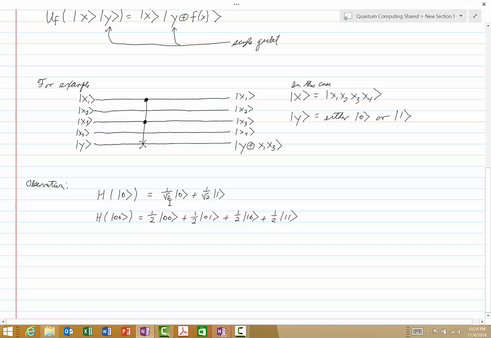So the pattern is still holding. When we operate with the Walsh-Hadamard transformation on a single element of the standard basis for 2 qubit states, the result is a superposition of all the elements of the standard basis for 2 qubit states.